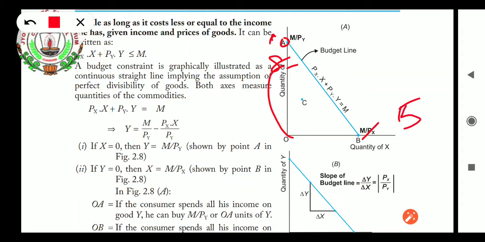So how many units can we get, students? If we are paying only for x, from 0 to B we can get 5 units of x, and if we are paying only for y, we can get 10 units of y.